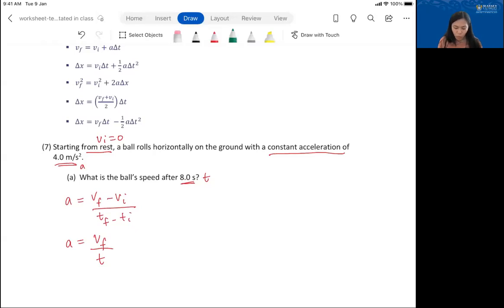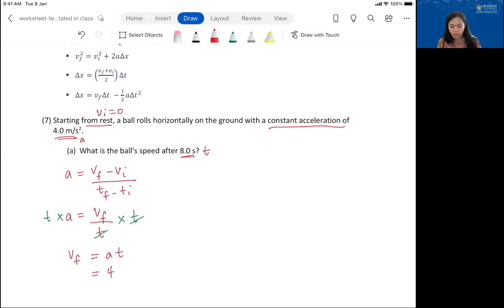You want VF, so you have to get rid of time, which is VF divided by time. So you get rid of that division by multiplying both sides with time. That eliminates time, and therefore your VF is equal to acceleration times time.